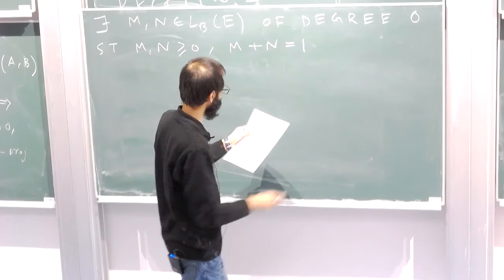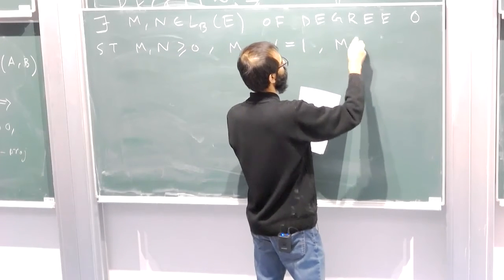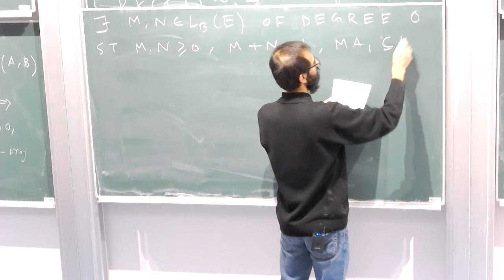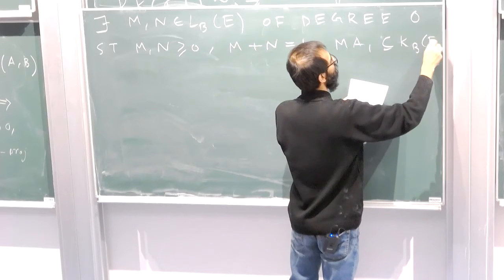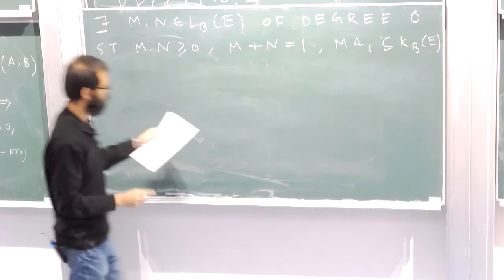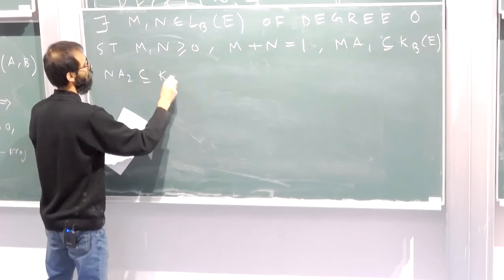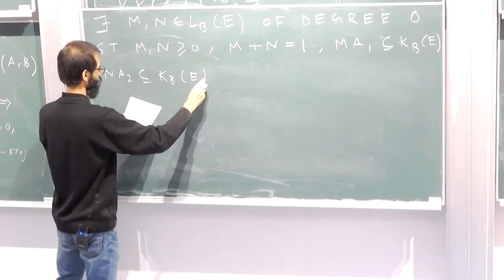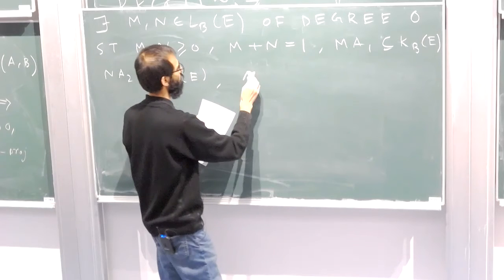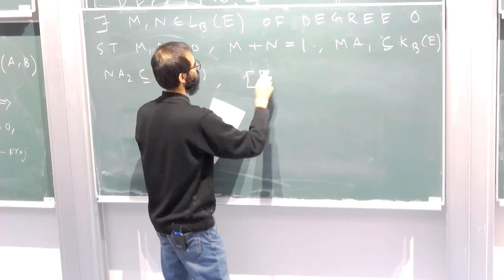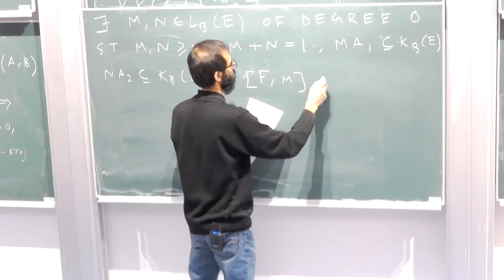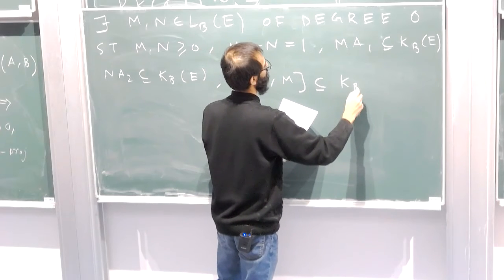M and N add up to 1. M takes A1 to the small part, N takes A2 again to the small part, and again small.